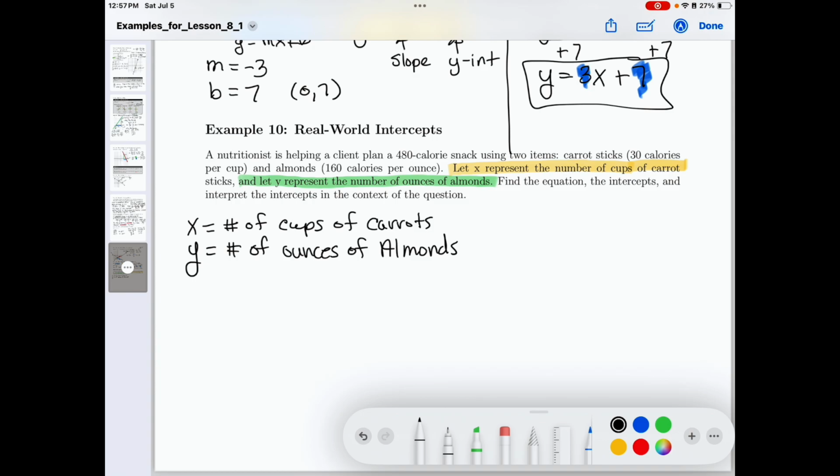Now we're told up here that there are 160 calories per ounce for almonds. So let's write that down. The carrots are in cups. All right, and then for the carrots, it says there are 30 calories per cup.